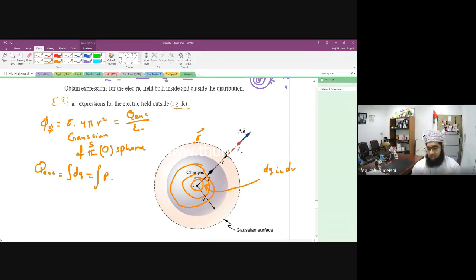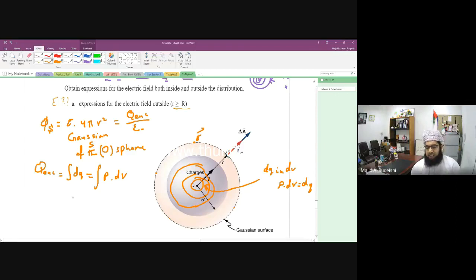This is why I want to sum all of these rho. But because this is delta Q in that small volume delta V, rho delta V gives me delta Q. Okay, so far so good.